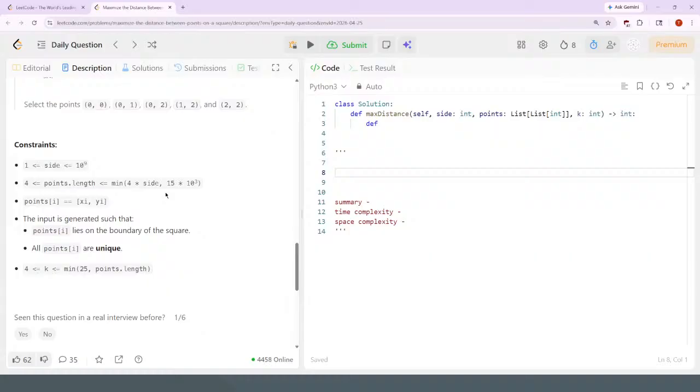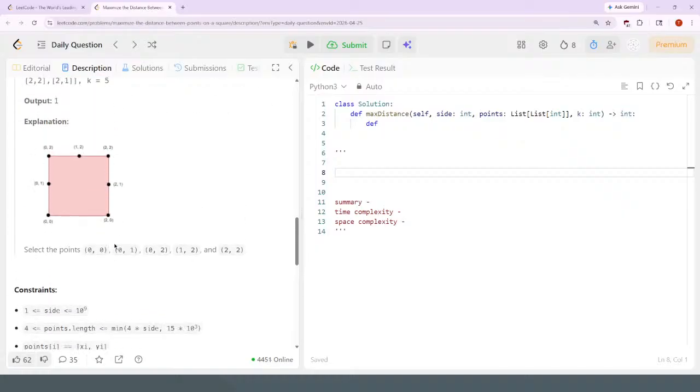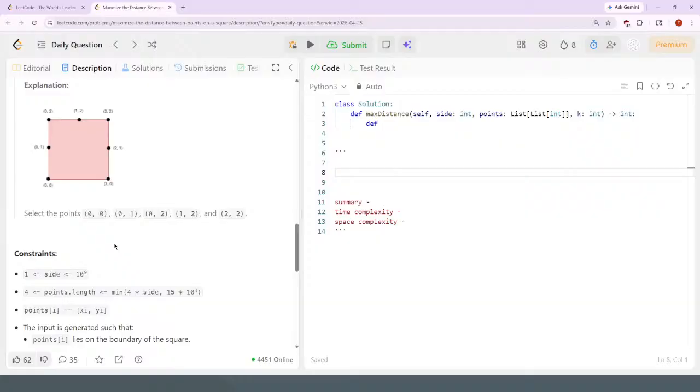So at most 25 points I pick. It's dynamic programming. 25 is pretty big for the length of the dimension.